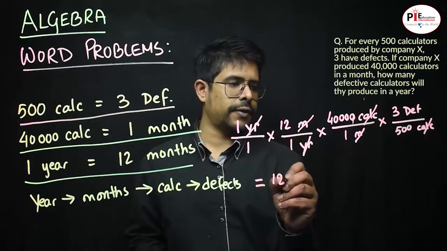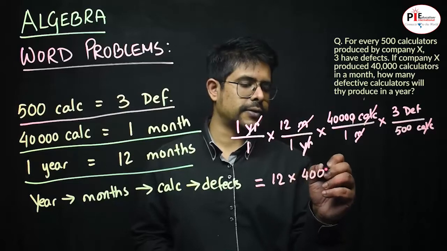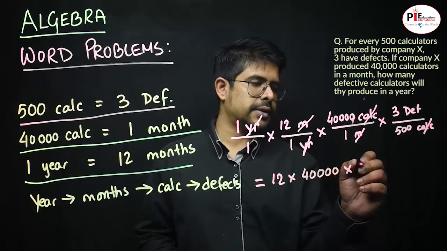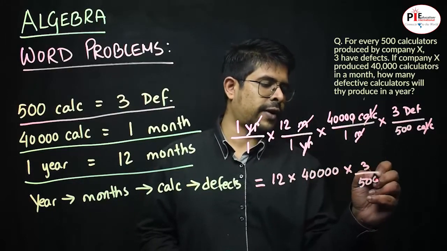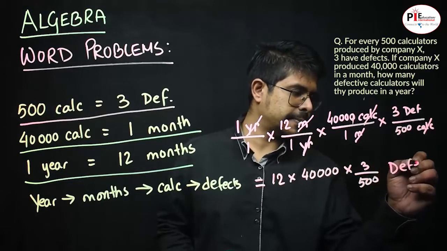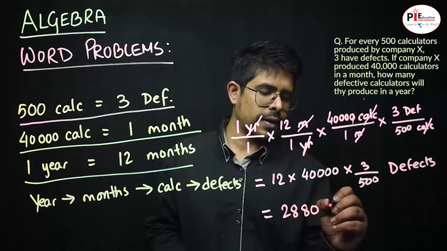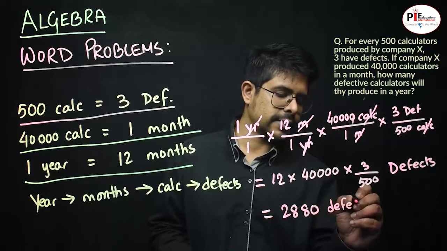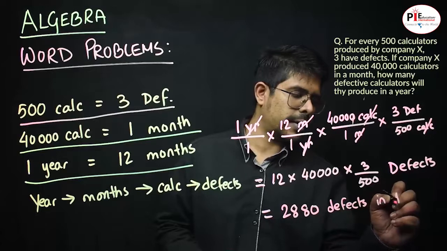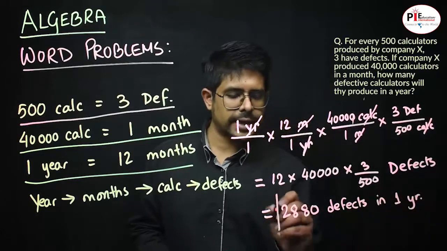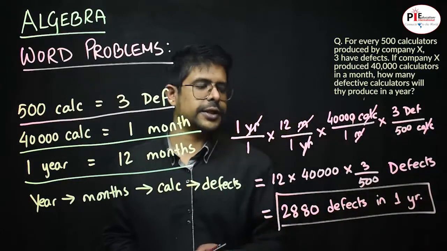We have 12 times 40,000 times 3 over 500 defects. We have 2880 defects in 1 year. So that is the answer to our question.